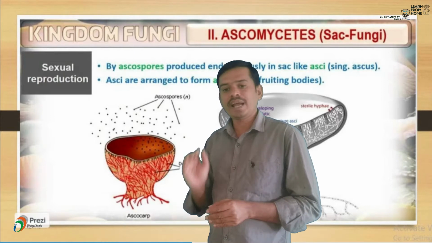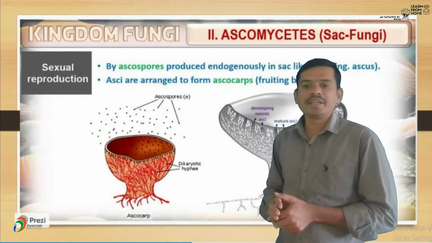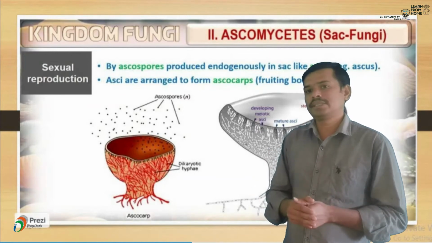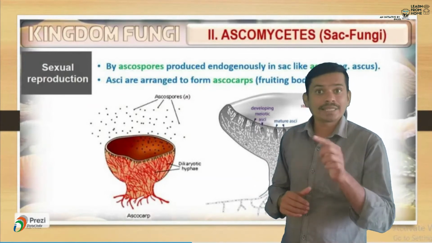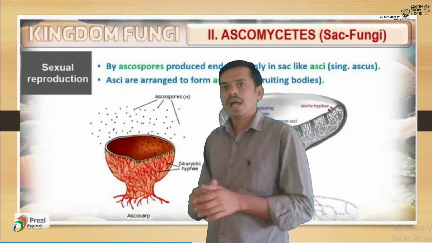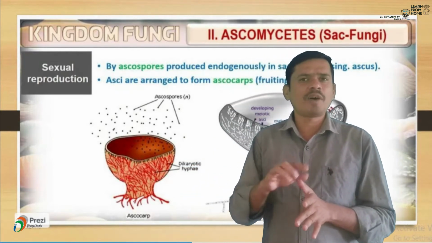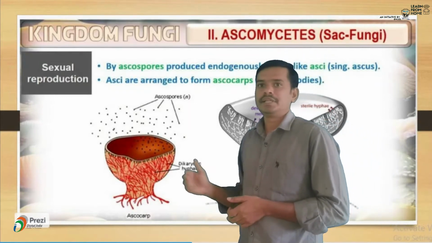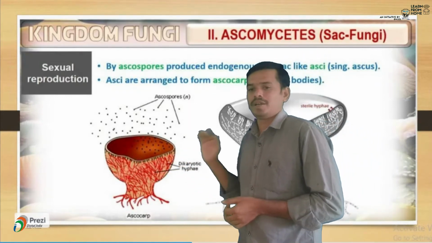These asci are arranged in different structures and form fruiting bodies, called ascocarps.